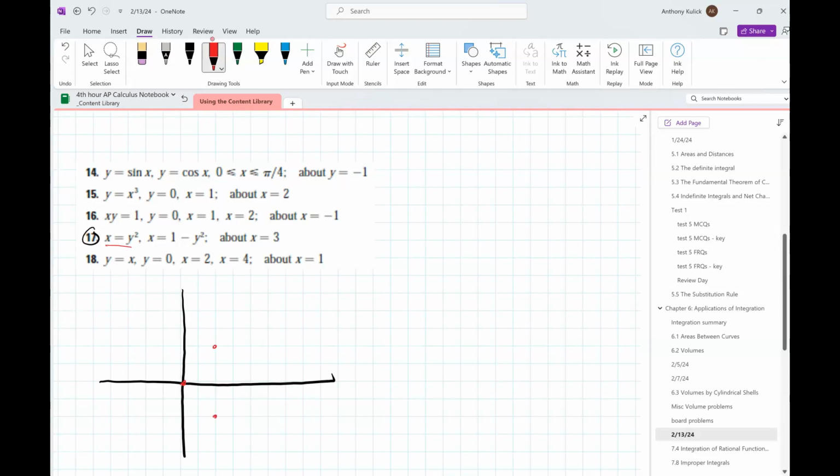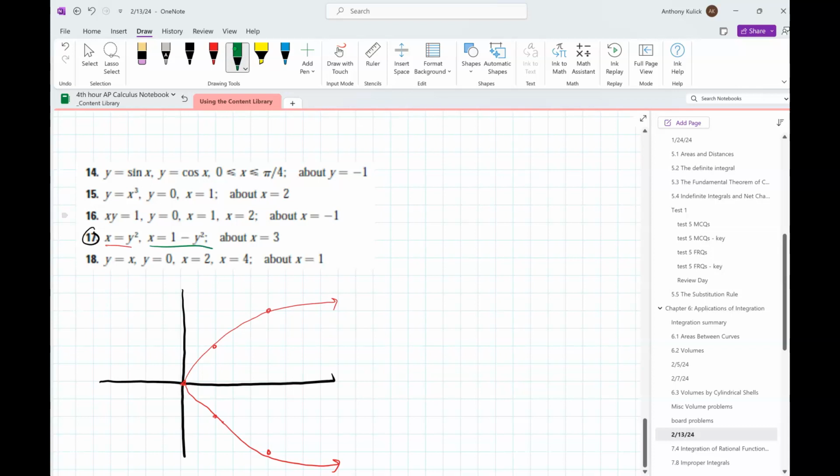And then 4, 2, so that's 1, 2, 3. I'm going by halves, FYI, when I'm plotting this. Anyways, that should probably be enough. So that's that one.